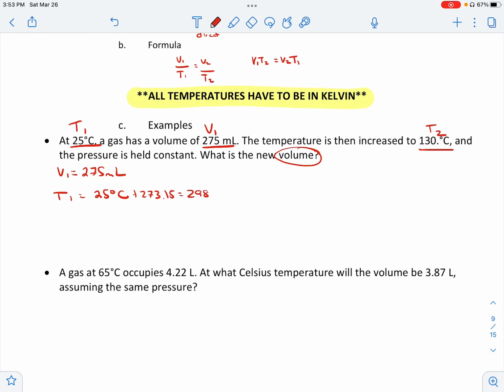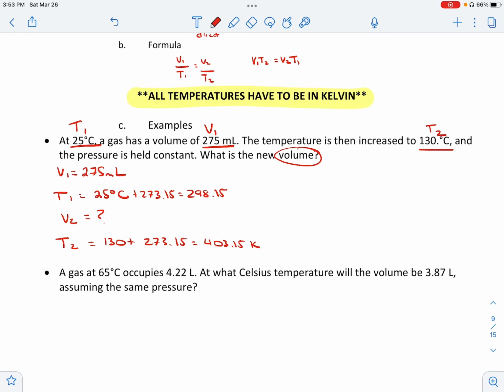That gives us 298.15. V2 is our question mark. T2, we raise that to 130, so 130 plus 273.15 gives us 403.15. That's our Kelvin.